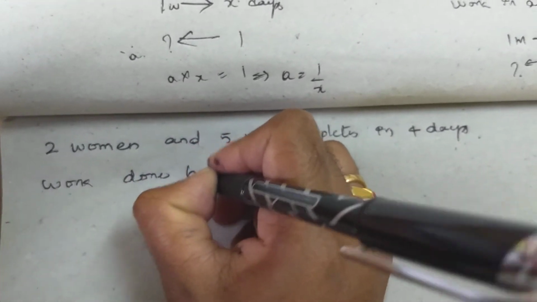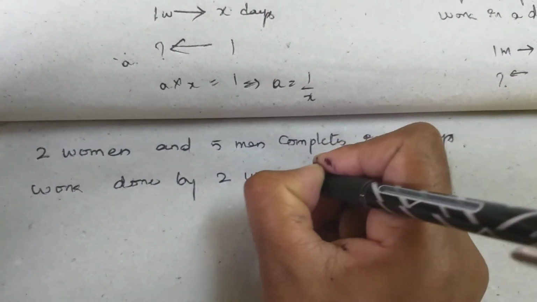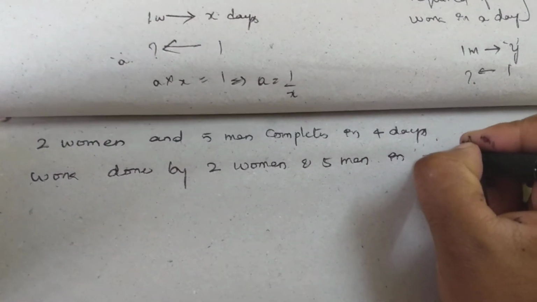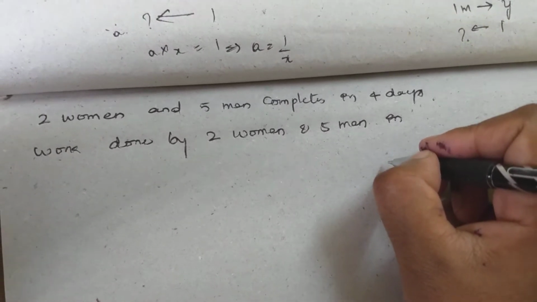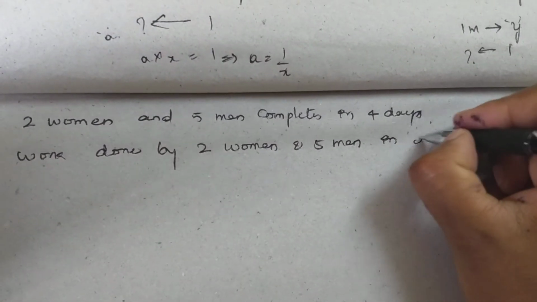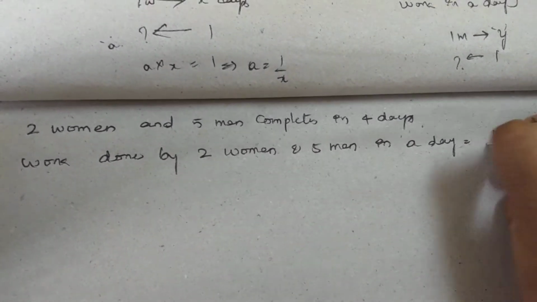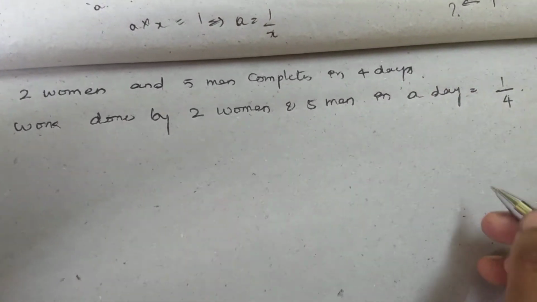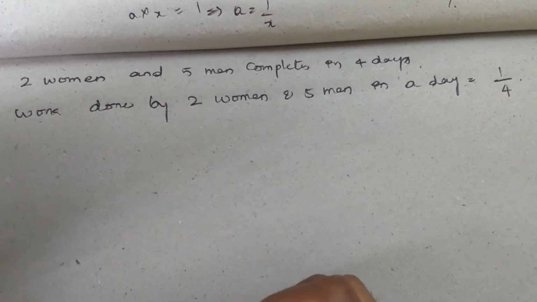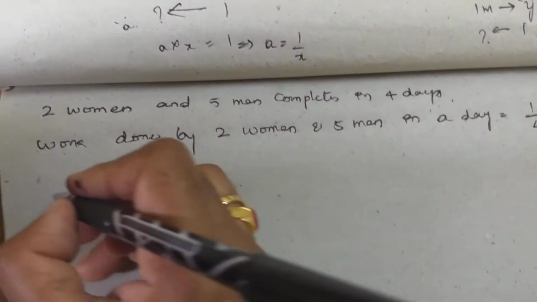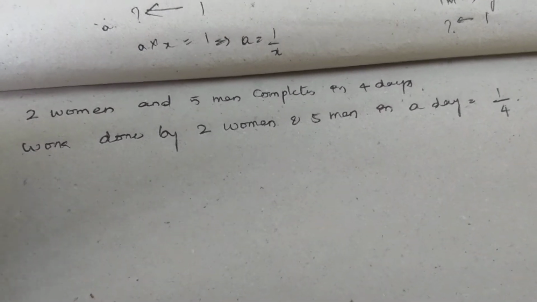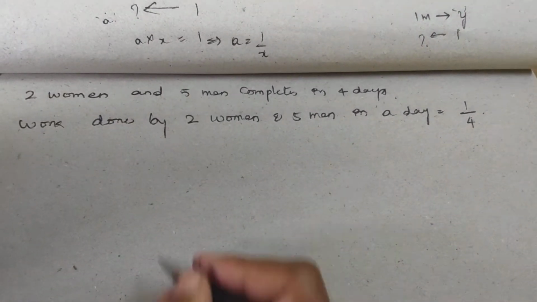So work done by 2 women and 5 men in a day equals 1 by 4. Clear? If it takes 4 days for the completion of work, for 1 day it takes 1 by 4th of the work. Correct? So we have written this.